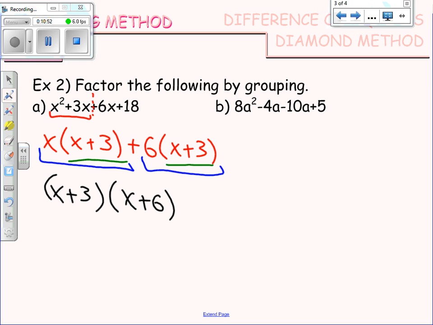Second step. Draw a line. If there's a negative sign, the negative sign goes to the right. So the negative sign is on the right of the line. You're now going to take everything left of the line, and you're going to take out the greatest common factor.